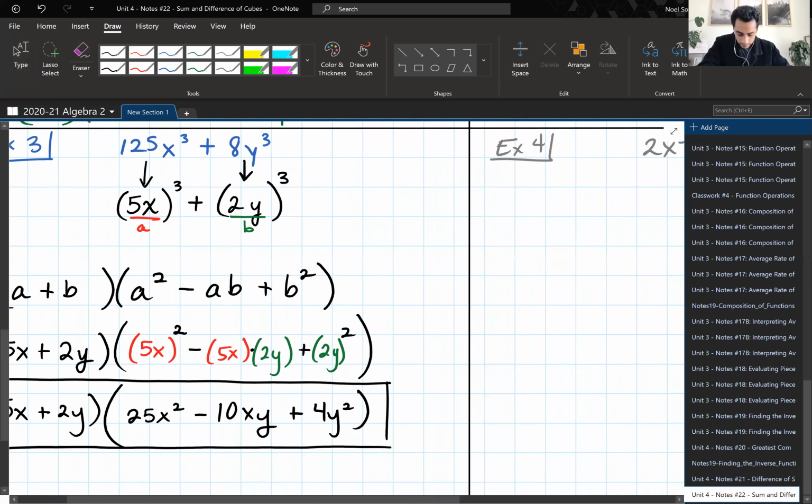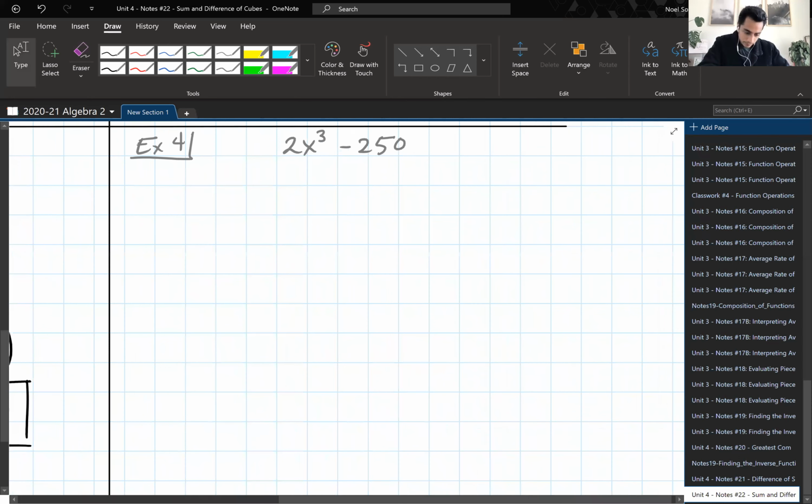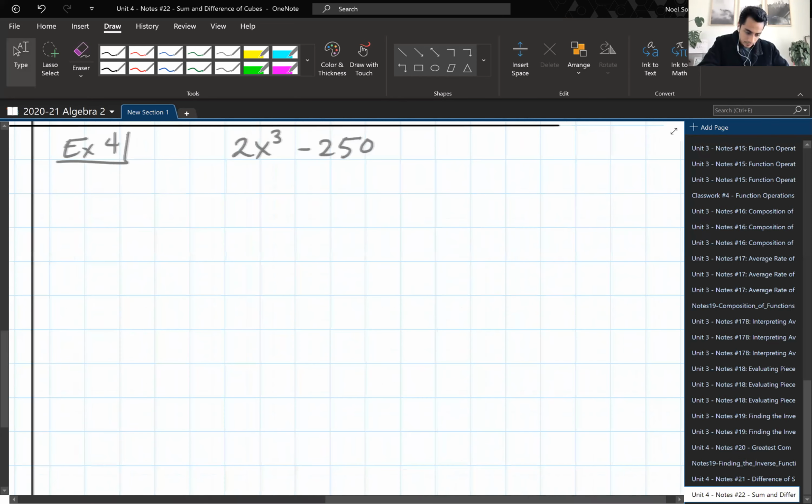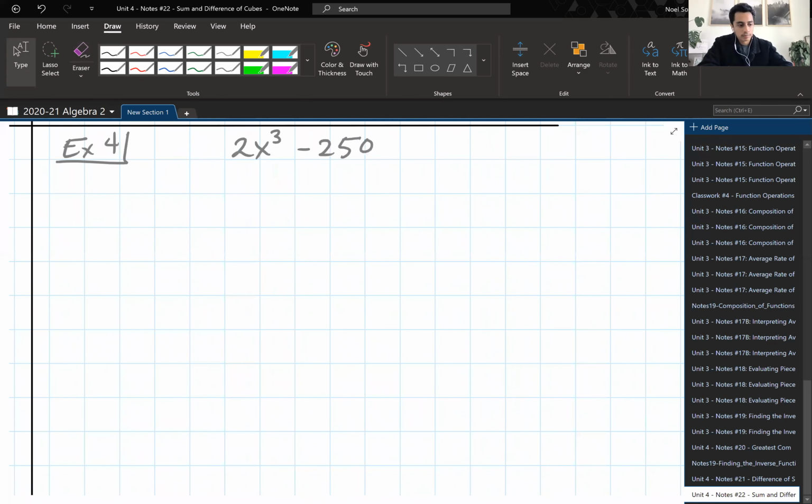All right. And then lastly, let's take a look at number 4. What do you notice? Is 2 a perfect cube?